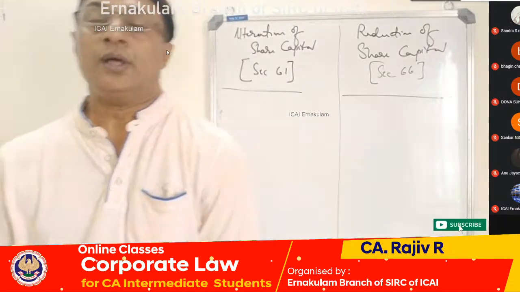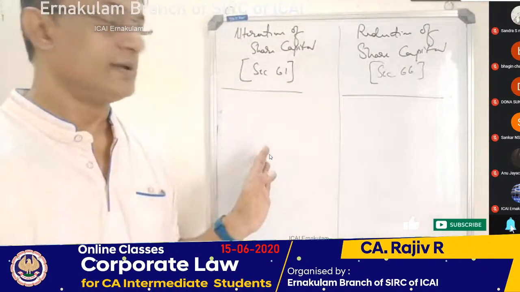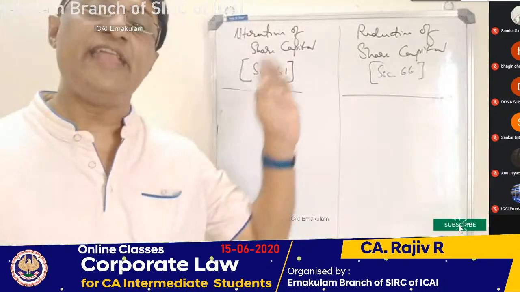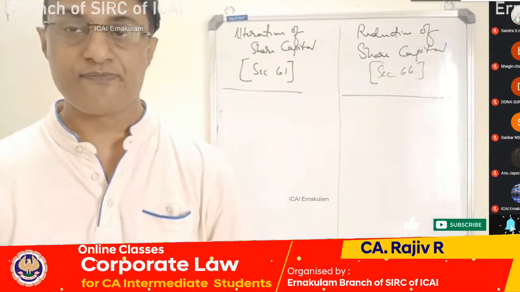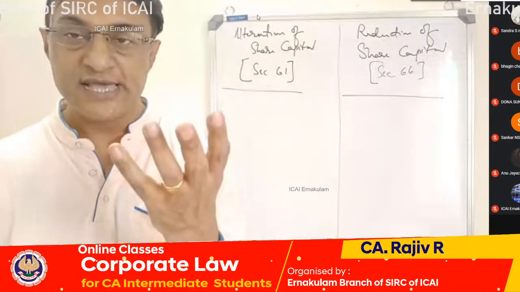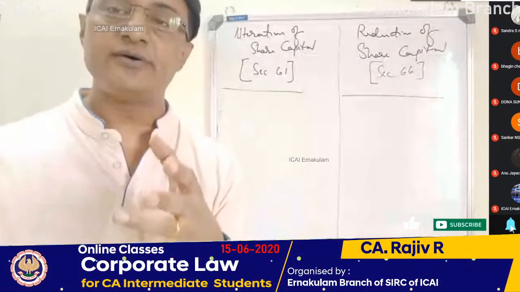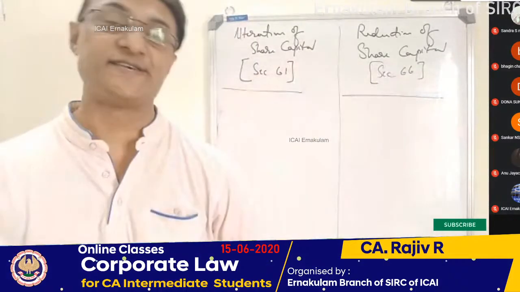Alright, now let us finish the left side first. The left side is relatively innocent. It doesn't have anything to do with the balance sheet which I took as an example. In other words, the highlighted part in the example balance sheet that I put is solved not by section 61 but by section 66.